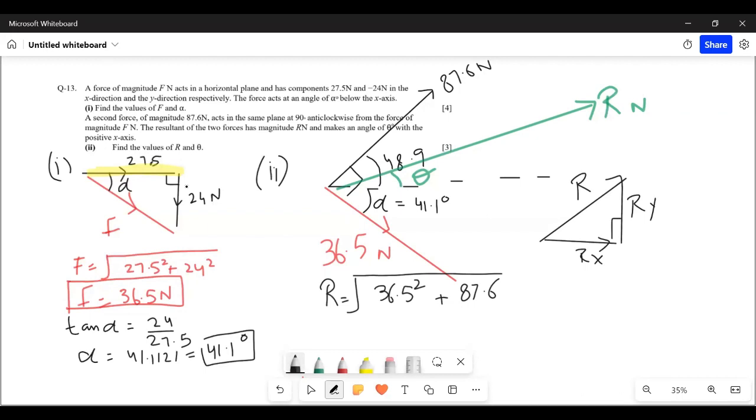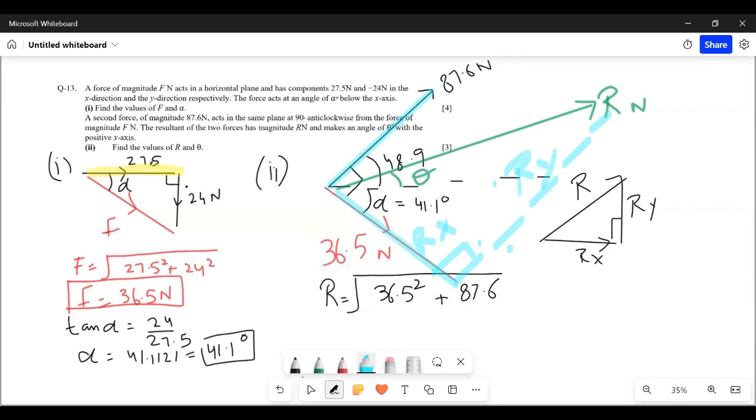But here you already have the 90 degree components. ये और ये 90 degree के. So you can say this is Rx, and if you draw parallel to the other force, then this is going to be Ry. Okay, so that's also a right angle triangle. So that's why R is equal to Rx, which is 36.5, and Ry, which is 87.6. So you can apply Pythagoras on these two forces. That's done.